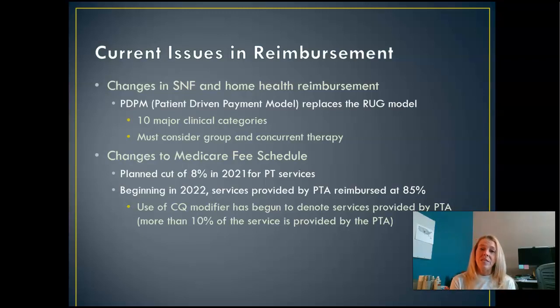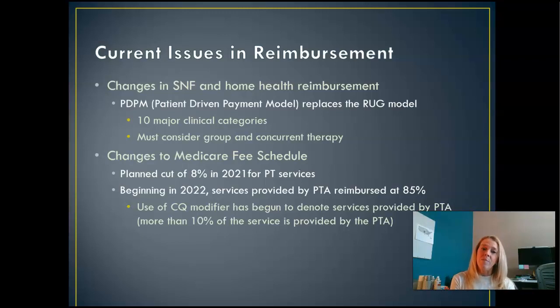There have also been changes to the Medicare fee schedule, which is the amount that they reimburse per unit, per billing code. They have cut it over recent years. An 8% cut is a pretty significant cut in reimbursement for the charges, especially when you think that some clinics have about 50% of their patient population who are Medicare recipients.